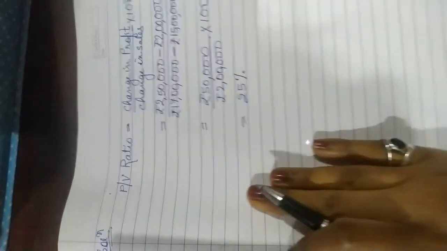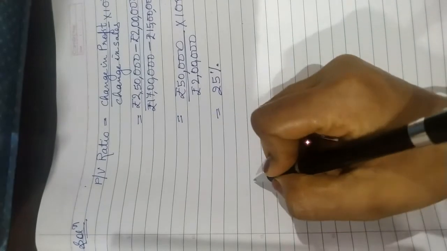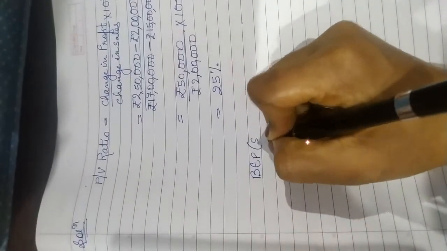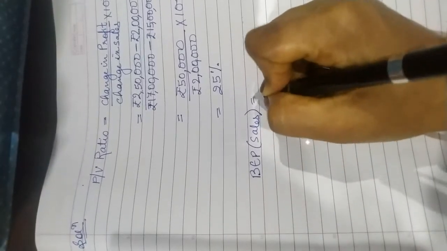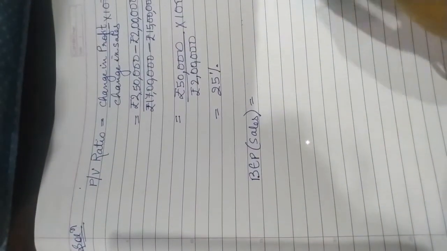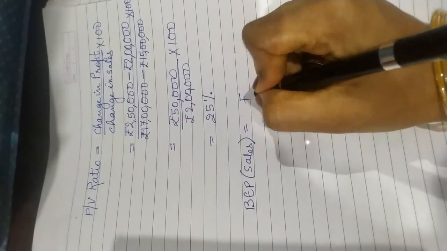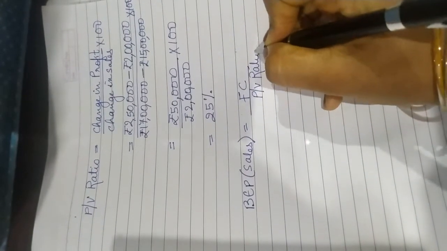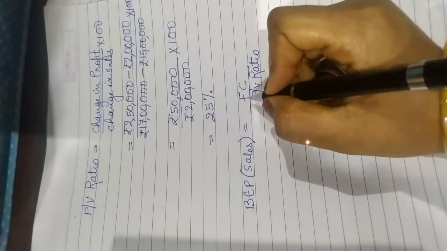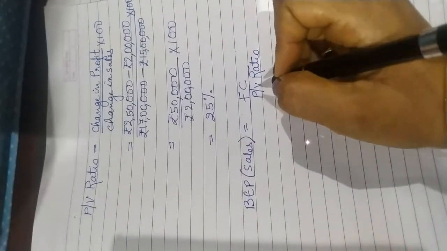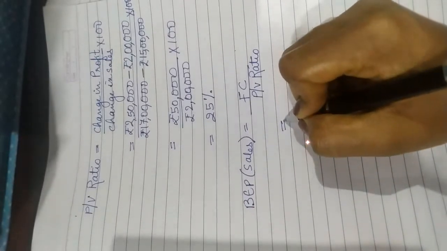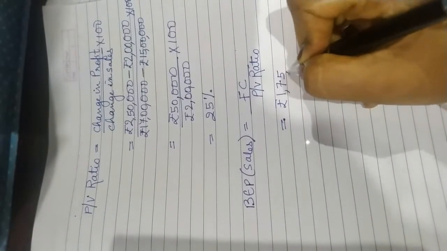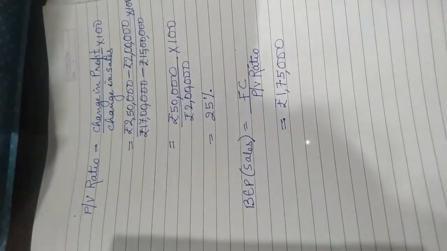Now next, what do we have to calculate? We have to calculate BEP in sales. If you know the PV ratio, then always apply this formula to calculate BEP in sales: fixed cost divided by PV ratio. Fixed cost is how much? Fixed cost is rupees 1,75,000, given in the question.